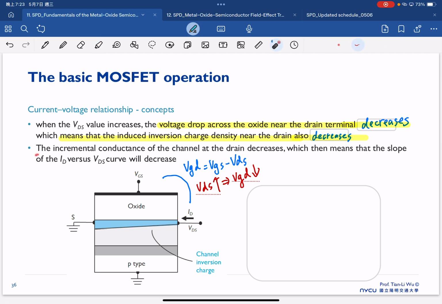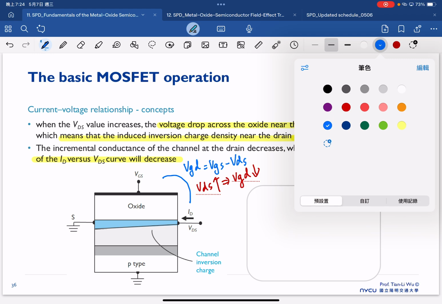The incremental conductance of the channel at the drain decreases, which then means the slope of ID versus VD will decrease as well.